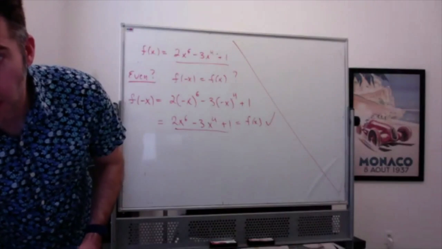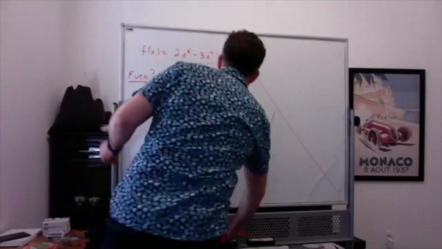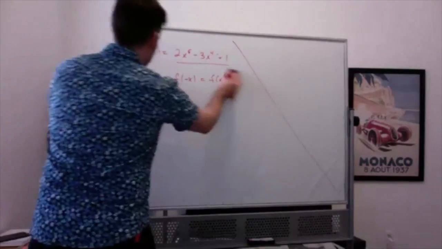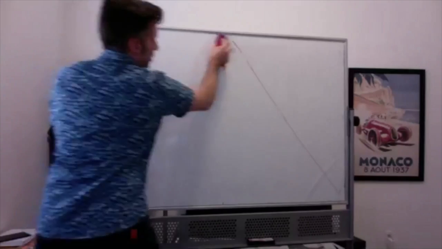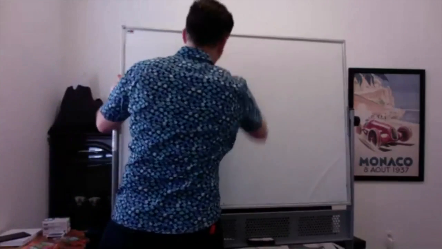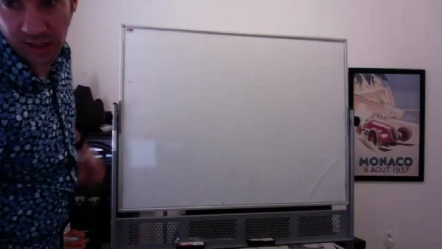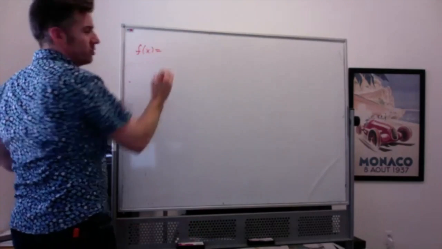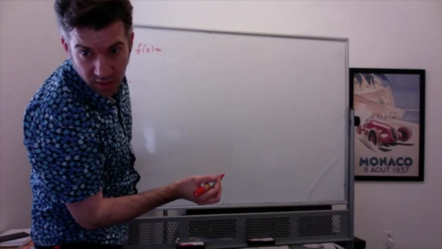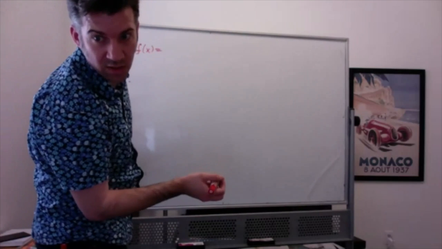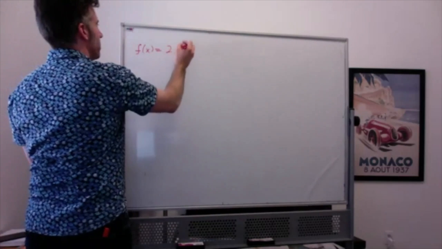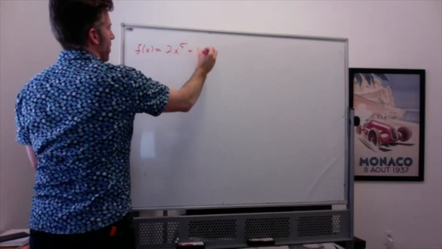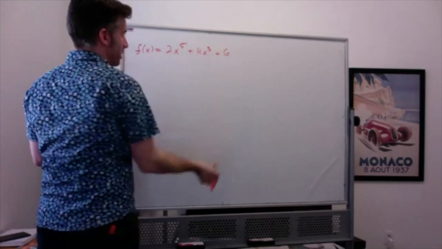And then let me show you, I think I can squeeze in 2 more quick examples here. I really want to make sure that you do see this. So let's look at the next one. How about this function? How about f of x equal to, what have we got here? 2x to the 5th plus 4x cubed plus 6.